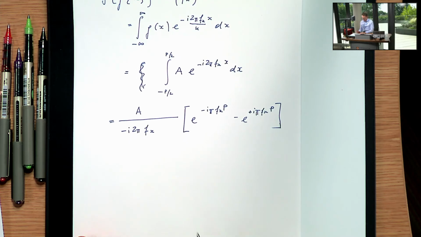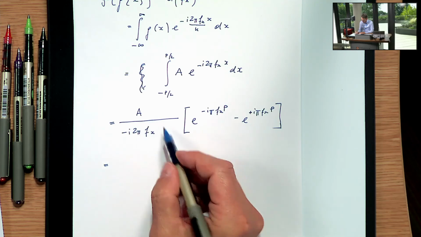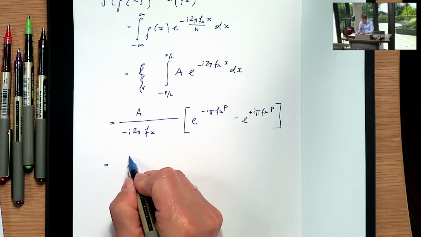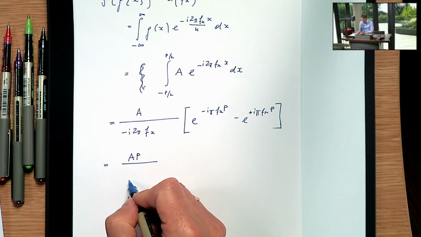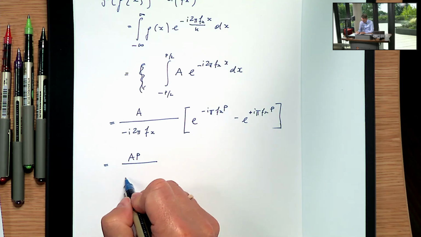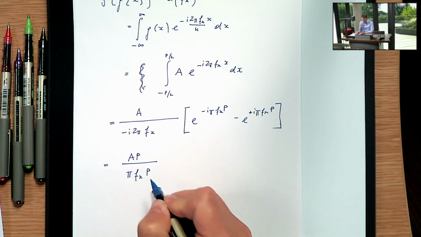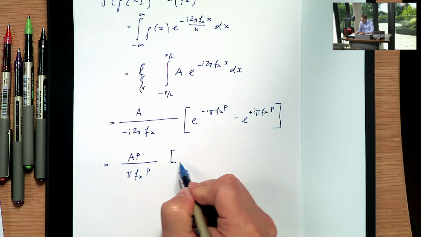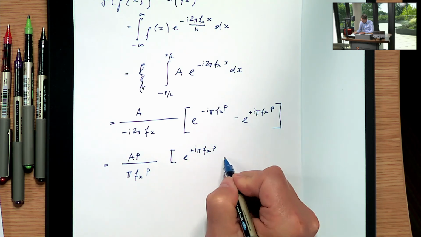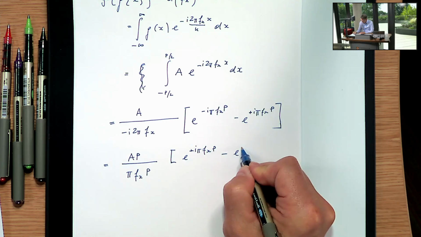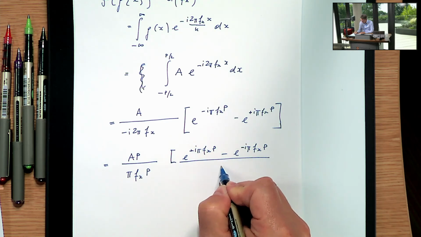Okay, and that is equal to, if I now multiply the front here, just to make this look neater, so I put this in front, and I do pi fx times p, and then I write this as e to the minus plus i pi fx p minus e to the minus i pi fx p over 2i.